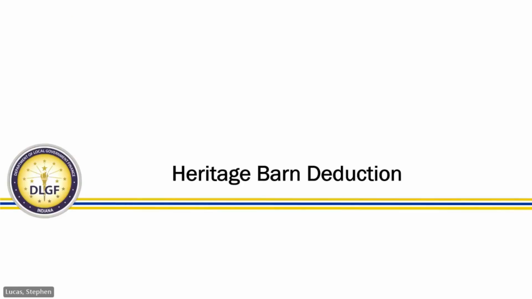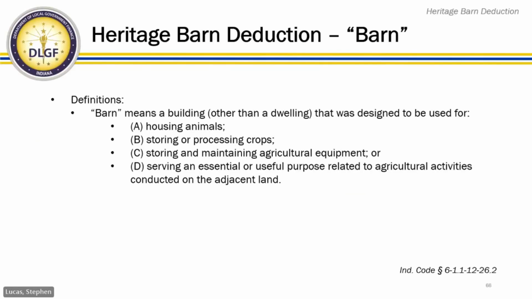So we discussed homestead. We're now going to discuss the heritage barns deduction. This one is fairly fact sensitive and very definition heavy. So I'll just quickly go over what we're talking about here with heritage barns. First, a barn, for the purposes of this deduction, is defined as a building, not a dwelling, that was designed for essentially any agricultural purpose.